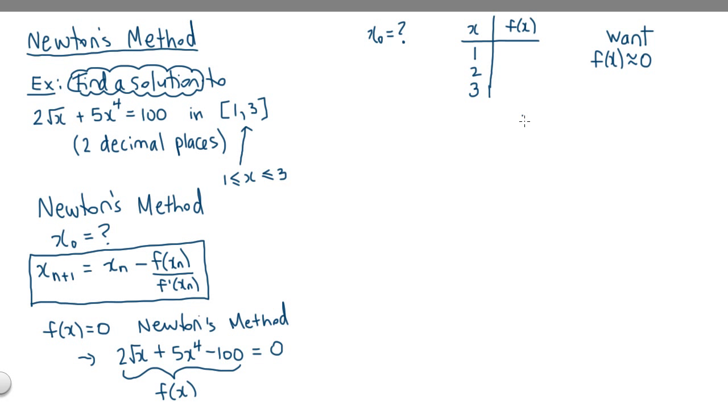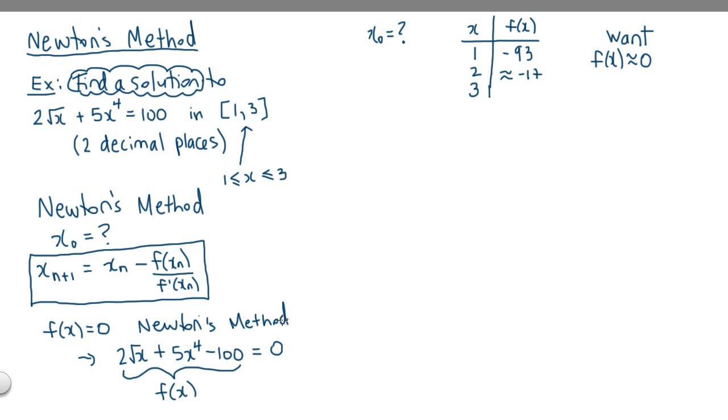All right, well, if we plug x equal 1 into our function here, we get negative 93. If we plug x equal 2 into f of x, we get something that is approximately -17.